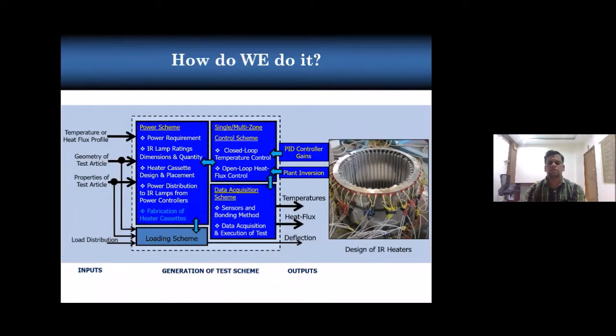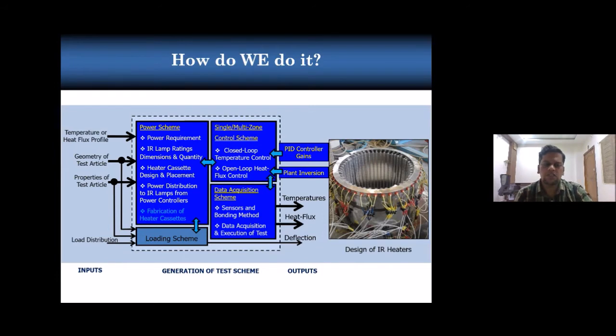Pressure transducers are used for measuring the pressures. Now this figure shows what we do and how we do it. On the left side we see inputs, on the right side outputs, and in between is the test case. Our inputs are the time temperature profile or time heat flux profile, the geometry of the article, and its thermophysical properties.